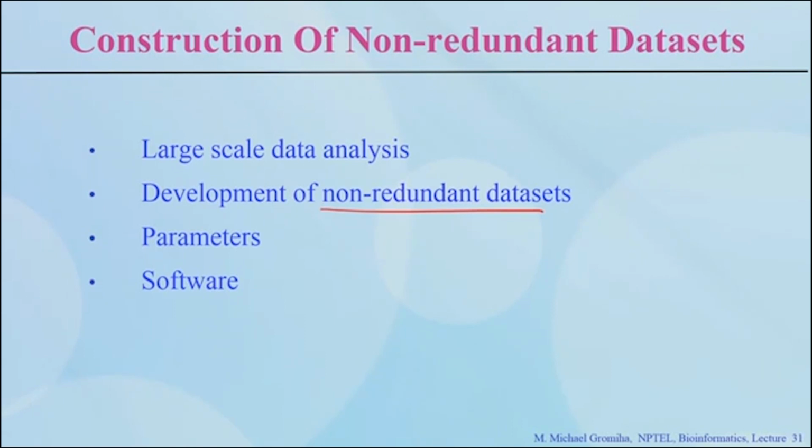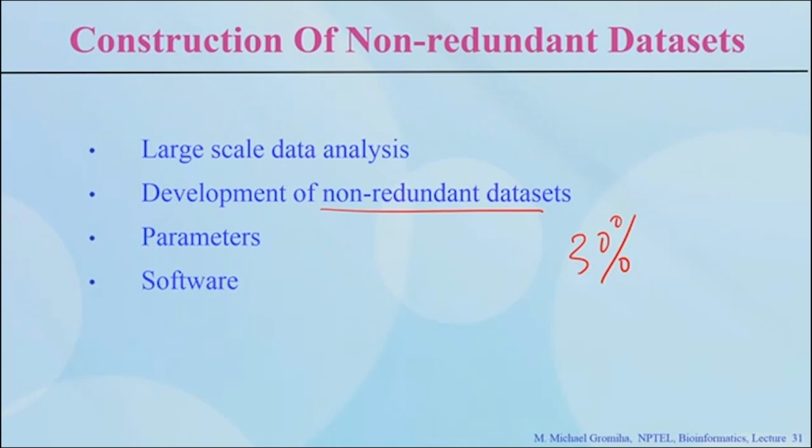In order to avoid the bias, we need to take the unique sets. You can make any cutoff, for example 30%. If you see 2 sequences sharing an identity of more than 30%, what you have to do is keep one and discard the other one. So, we need to derive the non-redundant data sets for reducing redundancy.